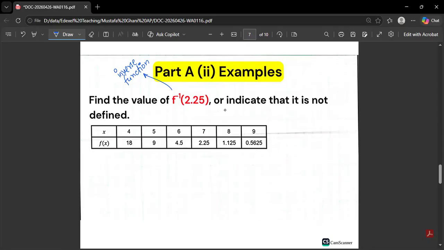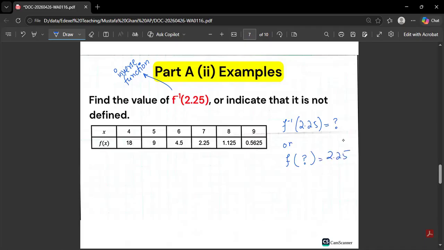So find the value of f inverse 2.25, or indicate that it is not defined. So f inverse 2.25 is unknown to us, or I can write it in this way: what should be the input to get 2.25 as output?